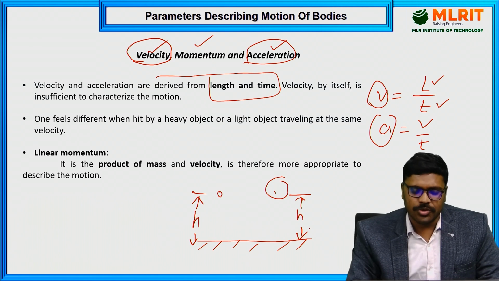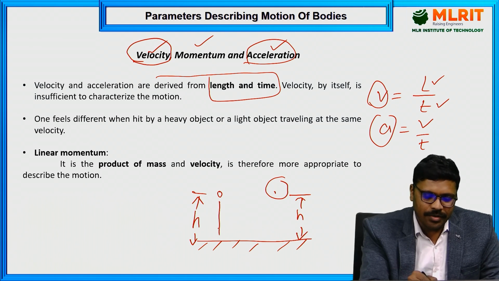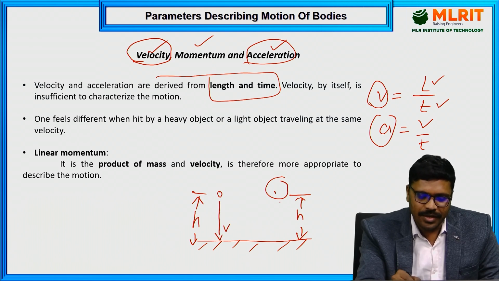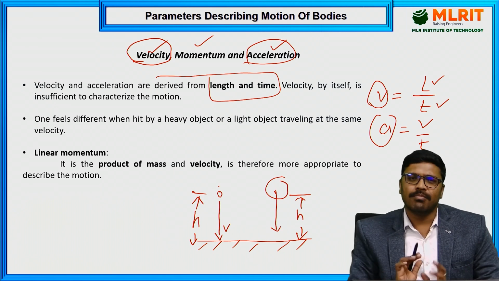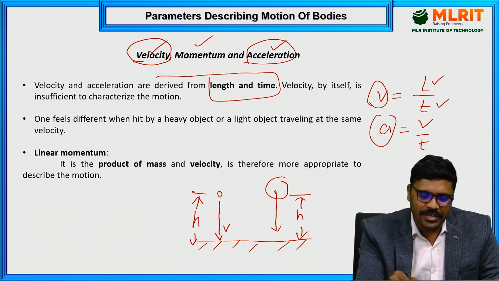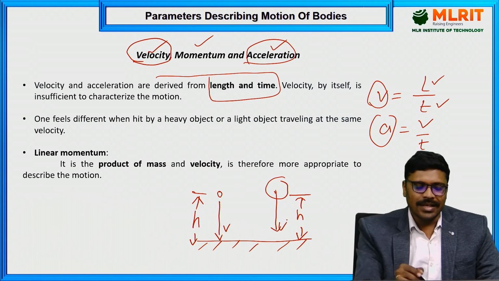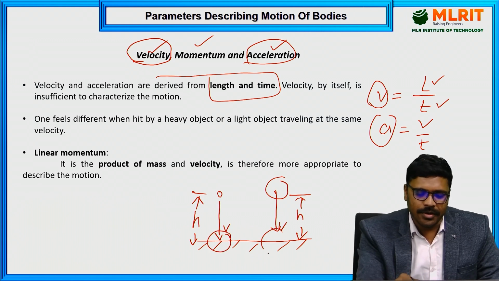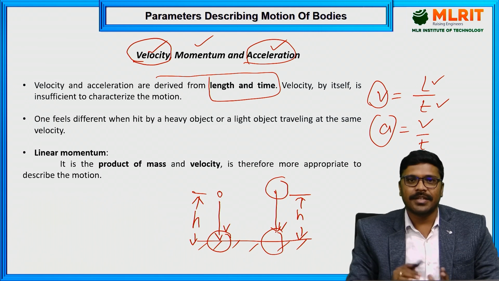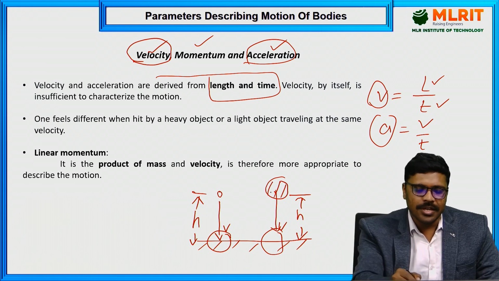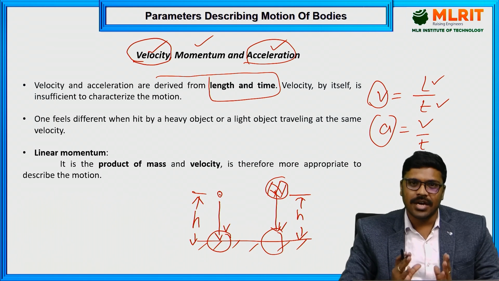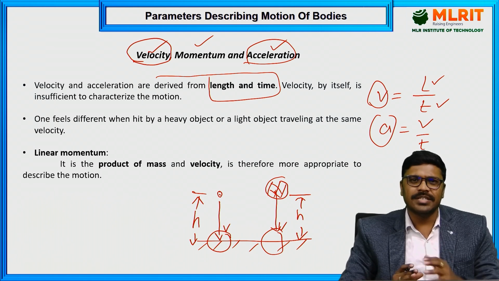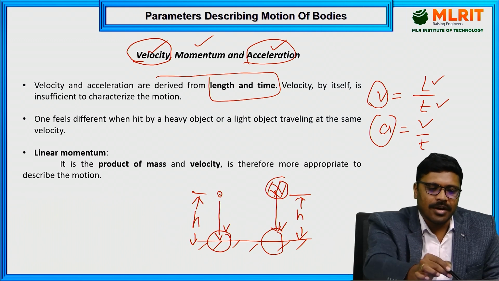If I drop these two stones, they will hit the ground with some velocity v, and both the small stone and the big stone will hit the ground with the same velocity. But the impact created on the ground by the small stone is less, while the bigger stone has more impact on the ground. That means velocity alone cannot explain the motion of a body. So we need some extra parameter, which is called momentum.